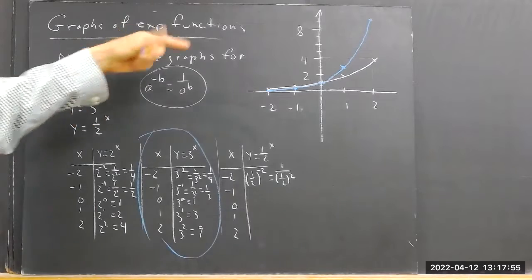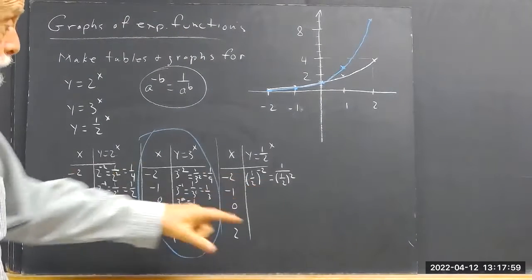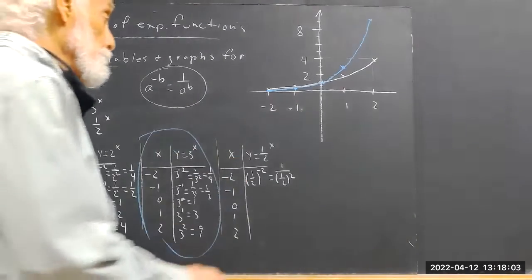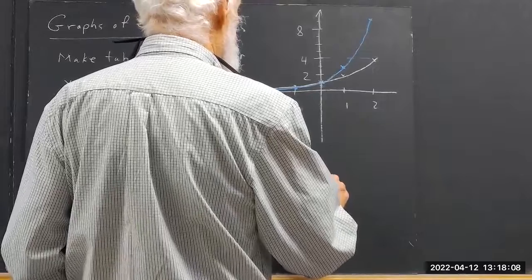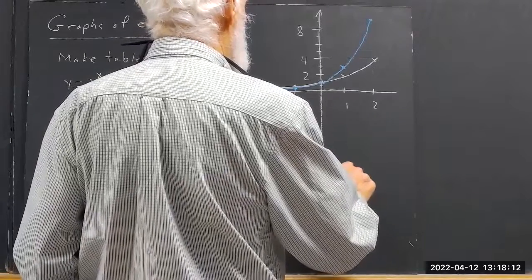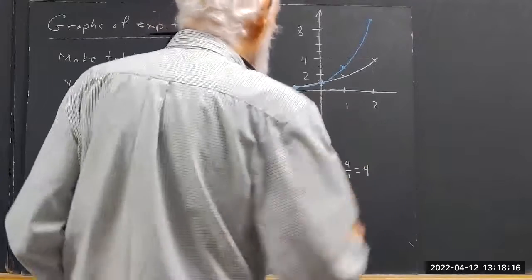That's your rule: a to the -b is 1 over a to the b. It applies here just like it does everywhere else. It doesn't change. The numbers change, but the rule doesn't. And that's 1 over 1/4, which is 1 times 4 over 1, which is 4.